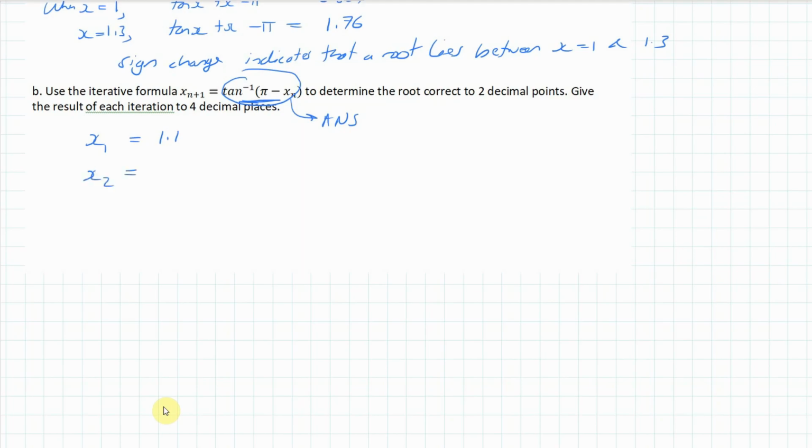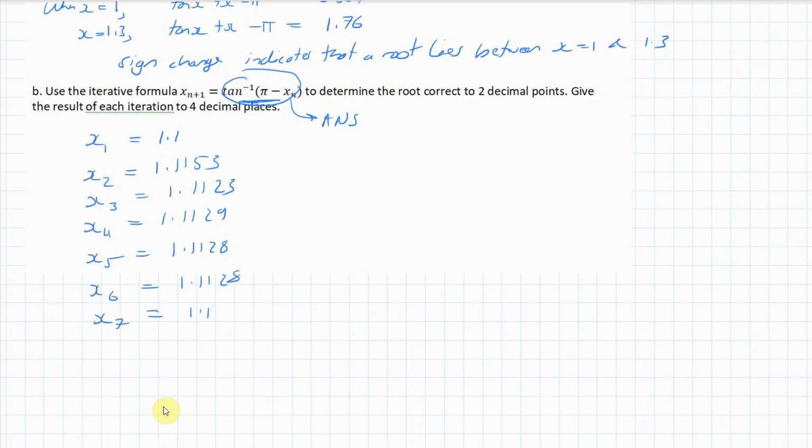So I'm getting x2 is equal to 1.1153, x3 equals 1.1123, x4 equals 1.1129, x5 equals 1.1128, x6 equals 1.1128, x7 equals 1.1129, x8 equals 1.1128. Okay, so it looks like we can say this is 1.1128 to 4 decimal places.